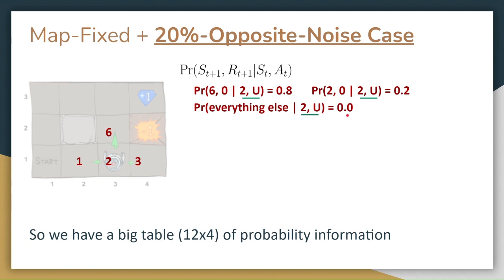It doesn't happen. For example, the probability that you go to this reward state is 0%. I mean, it cannot happen in this game, but in another game it can happen. But in this game, the rule is clear using this conditional probability.